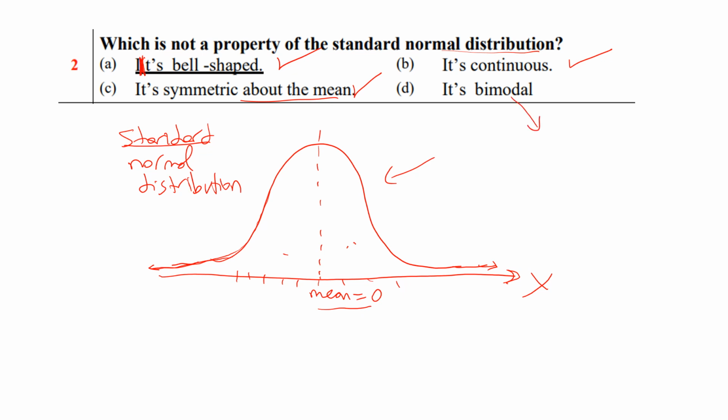Bimodal means having two modes. If it has two modes, it has to behave like this: there's one mode here, and there's the other mode here. We don't have this case in a standard normal distribution. So this is not a property of a standard normal distribution.